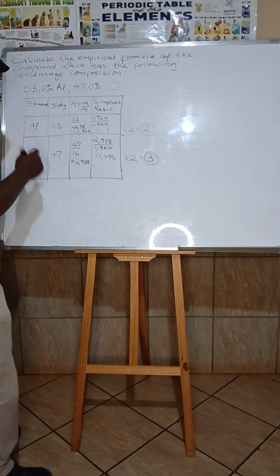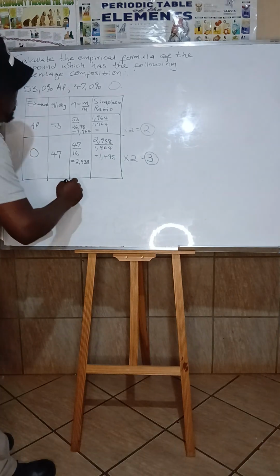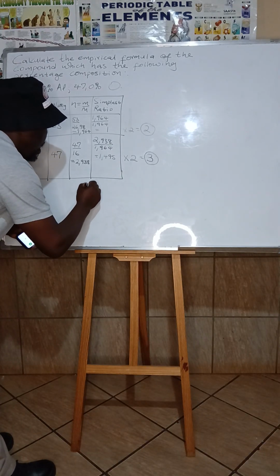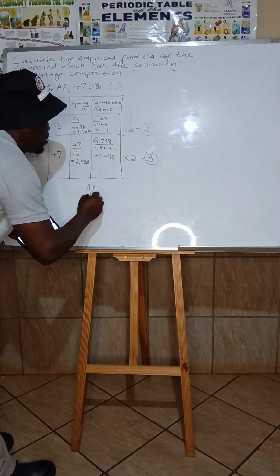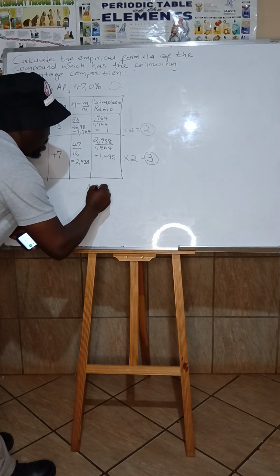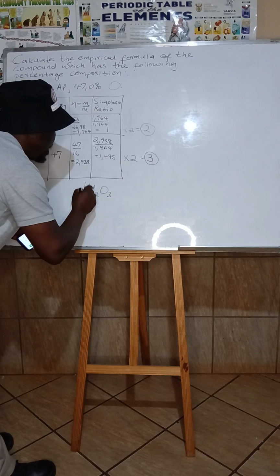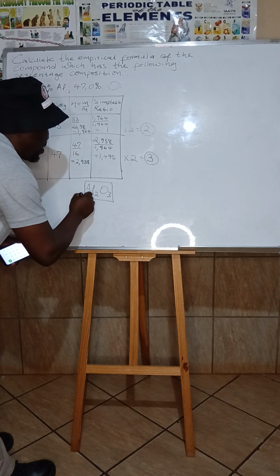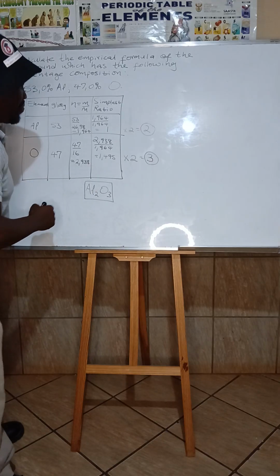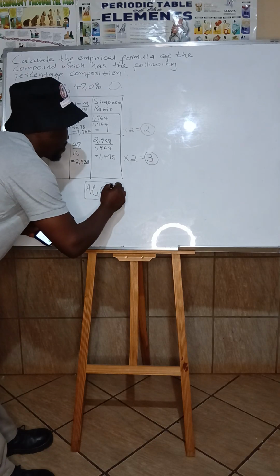So it means that our empirical formula in this case should be Al2O3. This is the empirical formula. 2 atoms of aluminium and 3 atoms of oxygen.